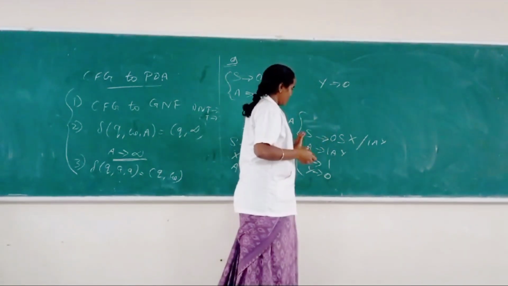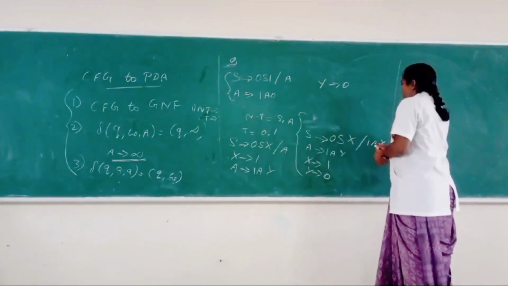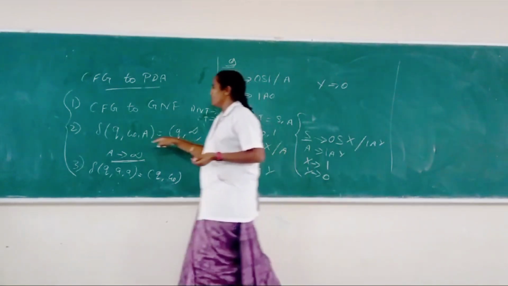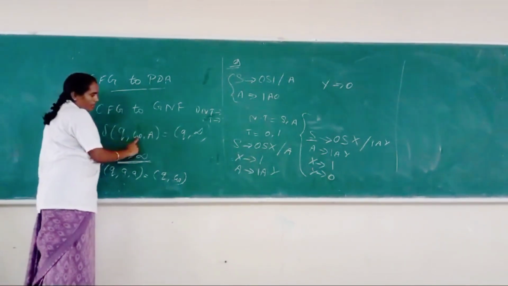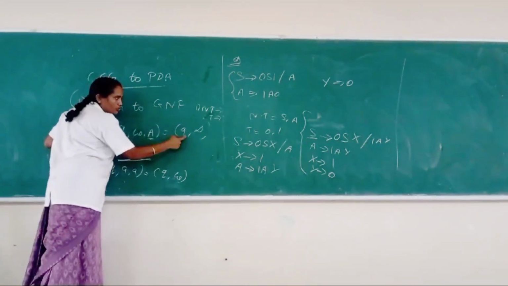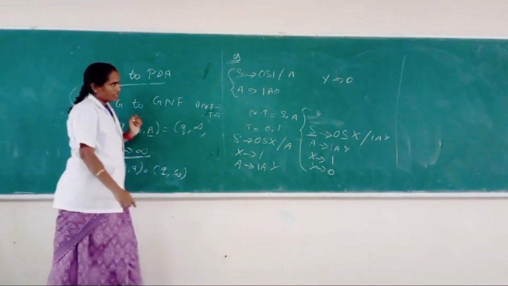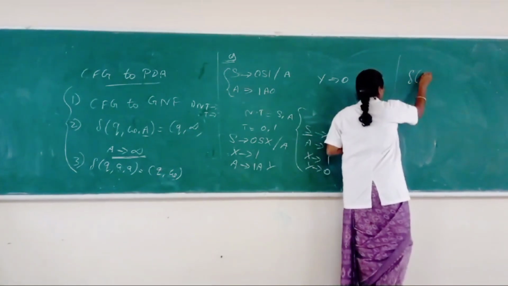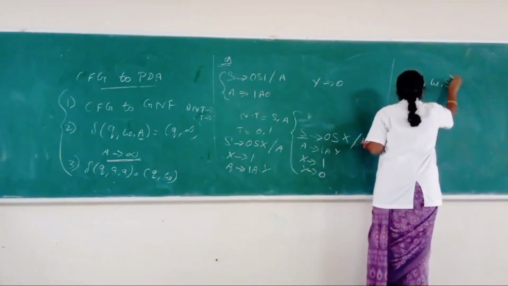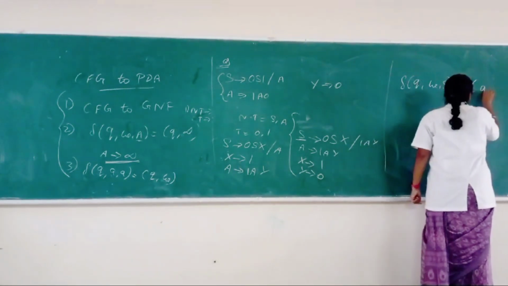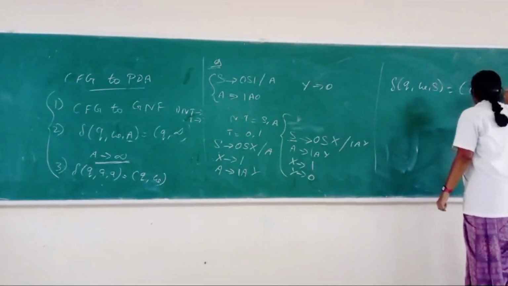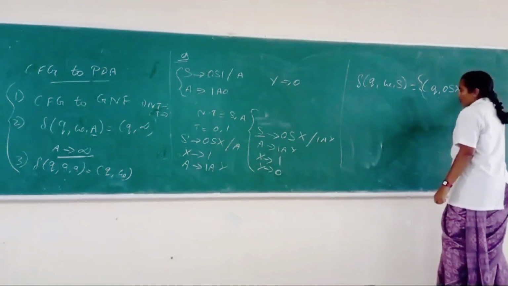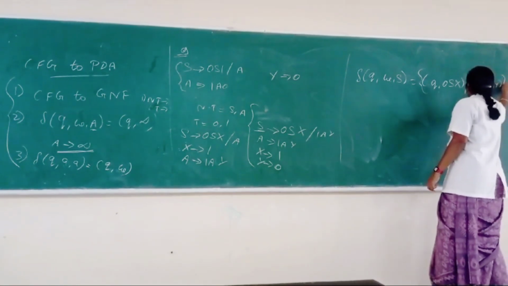So now from this I am going to construct the PDA. This is non-terminal. For non-terminal, transition function of q comma epsilon comma non-terminal equal to q comma right side of the production. So here I am having two productions. Transition function of q comma epsilon comma S equal to q comma 0SX or q comma 1AY.